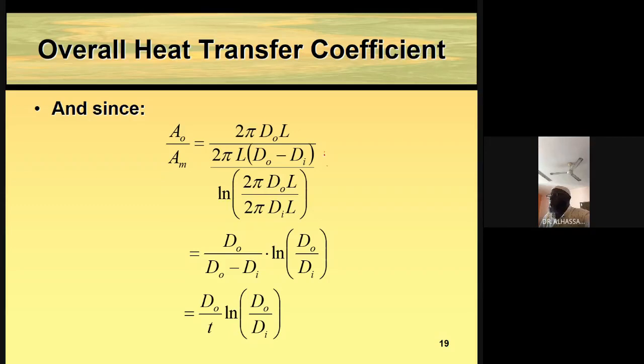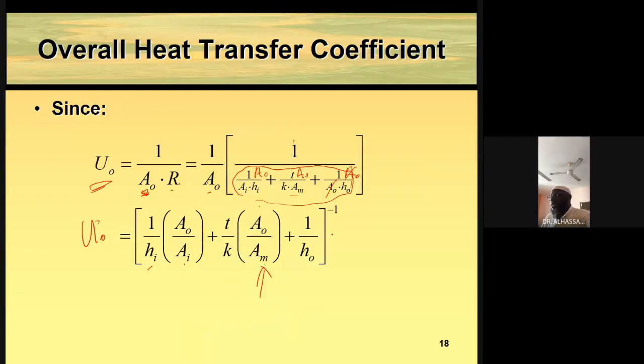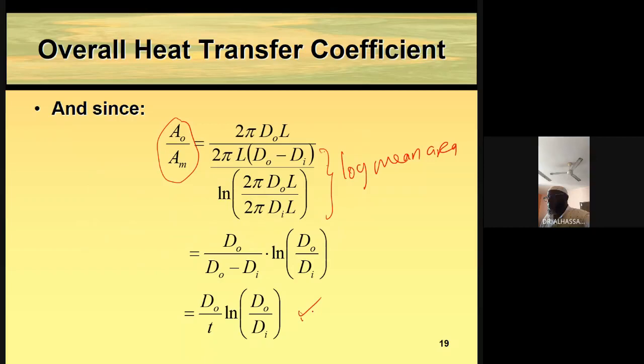AM is the log mean area. That's the log mean area. And then if you rearrange this equation, again, eventually you'll get this. So in place of AO divided by AM in this equation, we are going to replace it by this.